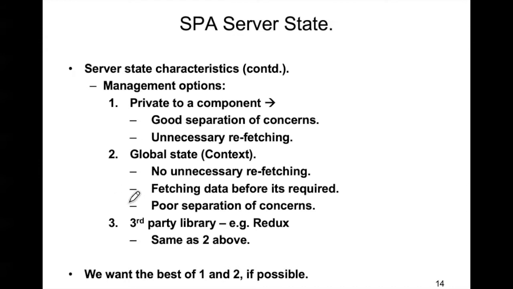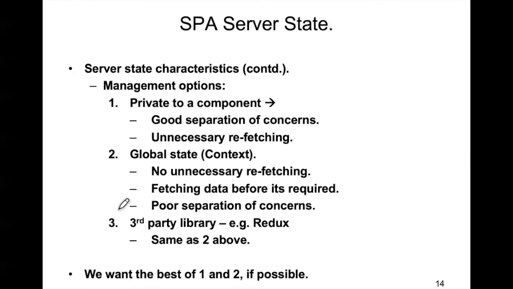And arguably as well, we've got poor separation of concerns, because now the components that need the data, that render it, are separate from the components that actually acquire the data. The providers are acquiring the data, but it's other components that are the consumers, as we call them, that are using the data. That's a poor separation of concerns for server state data.